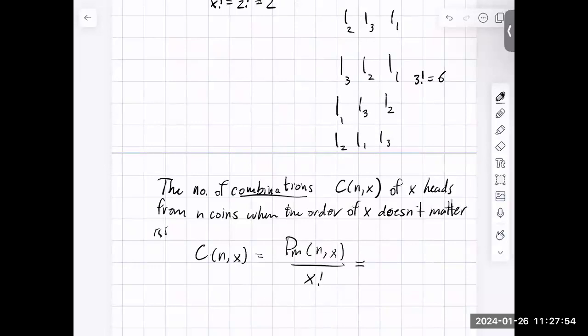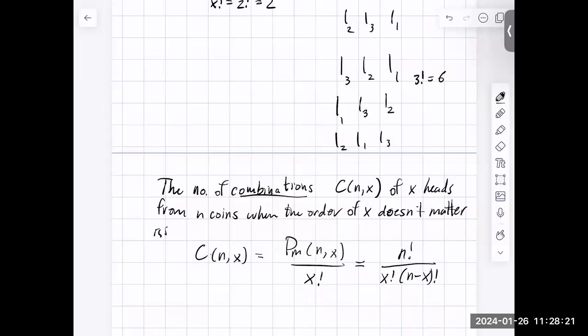And so the number of permutations was N factorial divided by, well, it was N minus X factorial. And so now we're going to have that additional factor of X factorial. And so this you probably have seen before as the number of combinations. Does anyone remember, there's some fancy terminology for this. How do people say it?